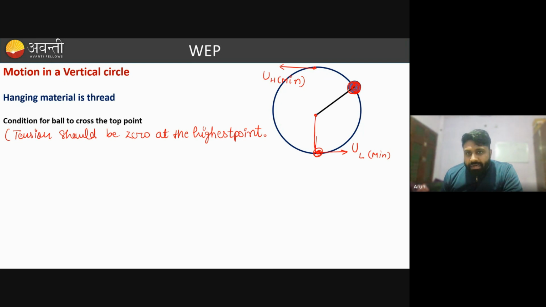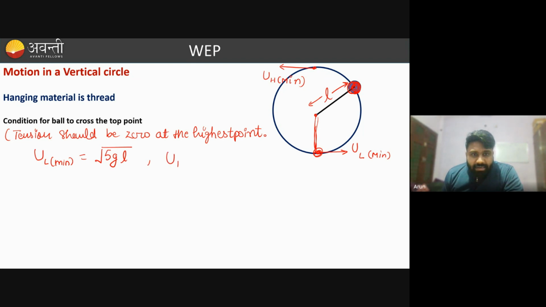We should impart this velocity at the lowest point. I'm not going to derive it. U lowest minimum will be square root of 5gL, if L is the length of this thread, and usually you can say that L is the radius of this circle also. So this is the minimum velocity that we need at the lowest point.